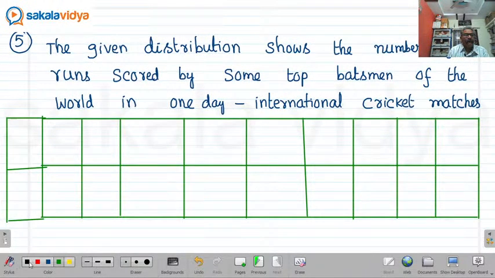Okay, this is runs scored by the international batsmen, and the number of batsmen.